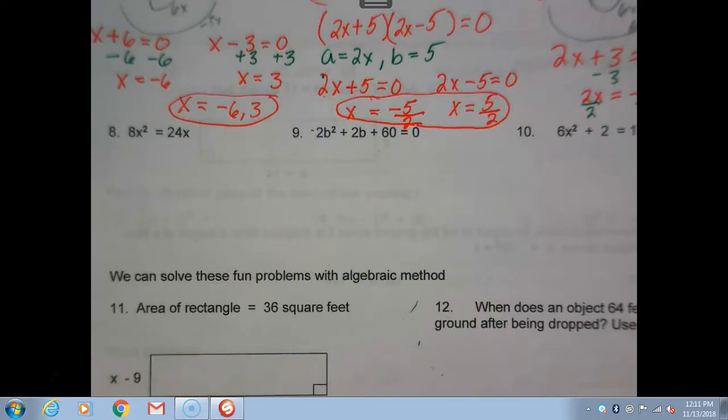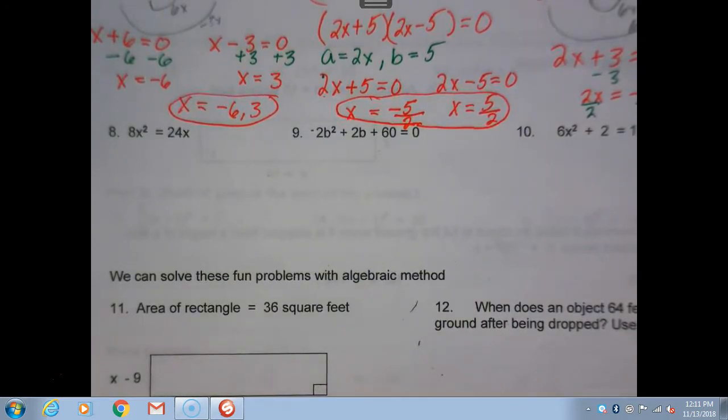Actually, it is x equals 3, isn't it? Are you sure? Is that the only one? No, there's another one.